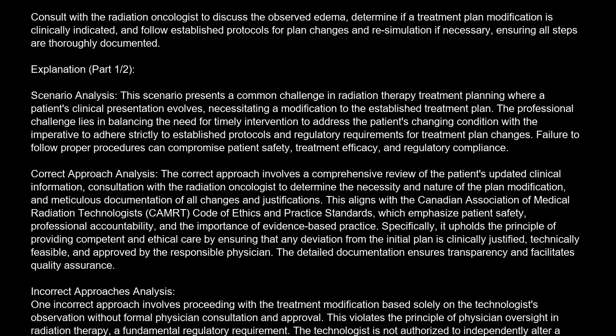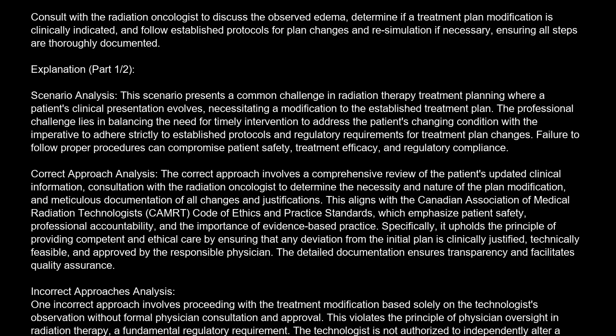Correct approach analysis. The correct approach involves a comprehensive review of the patient's updated clinical information, consultation with the radiation oncologist to determine the necessity and nature of the plan modification, and meticulous documentation of all changes and justifications. This aligns with the Canadian Association of Medical Radiation Technologists, CAMRT, Code of Ethics and Practice Standards, which emphasize patient safety, professional accountability, and the importance of evidence-based practice.